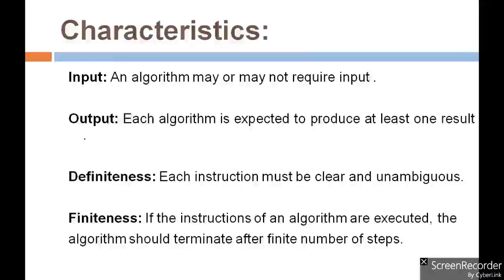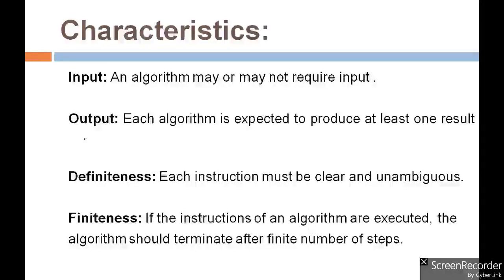Now let's see what are the characteristics. Whenever we are going to solve any problem in programming languages, at that time we should take care about the 2 or 3 main things. First one is input, second one is output, and third one is processing of that particular input data. So what is input? An algorithm may or may not require input.